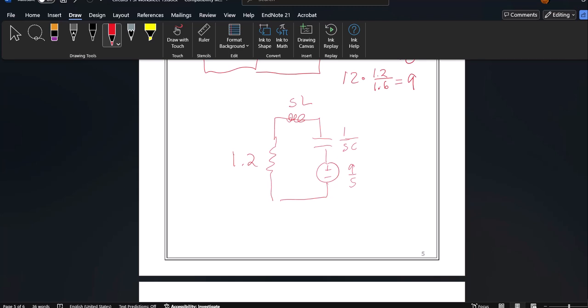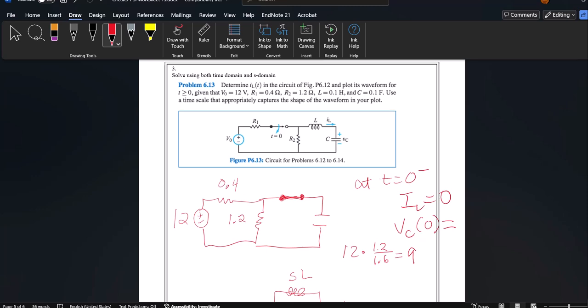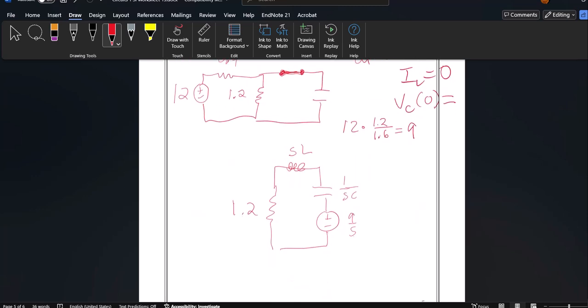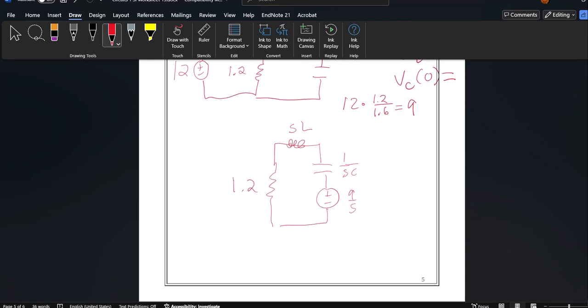Okay, so now we see that if I've transformed everything to the S domain, it now looks like this, where L was 0.1 and C was also 0.1. So this is 0.1 S, and this is 1 over 0.1 S. Okay.